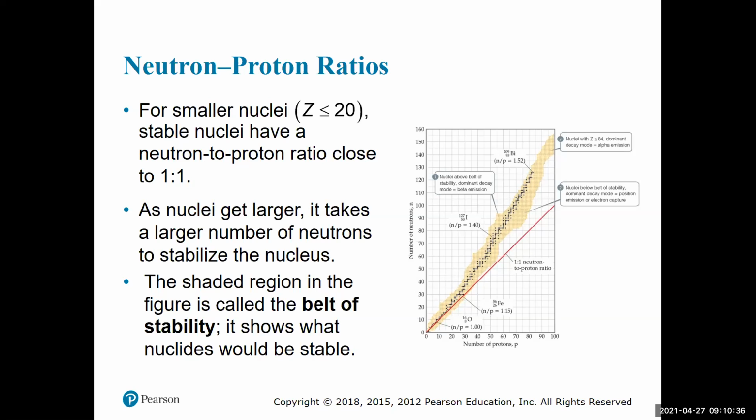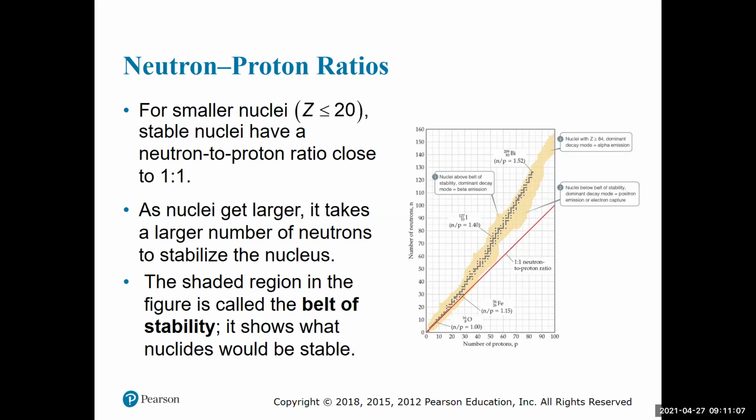Those dots are what's called the belt of stability. I always think that's kind of funny, it seems like it comes out of a cheesy science fiction thing. What the belt of stability says is that things that lie on it are going to be stable, okay?